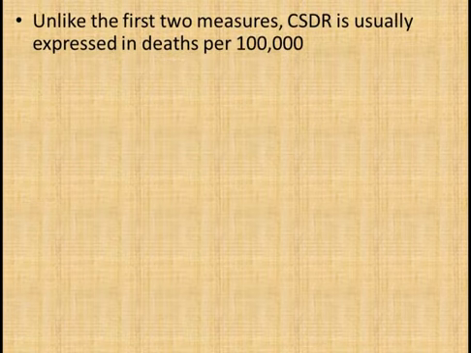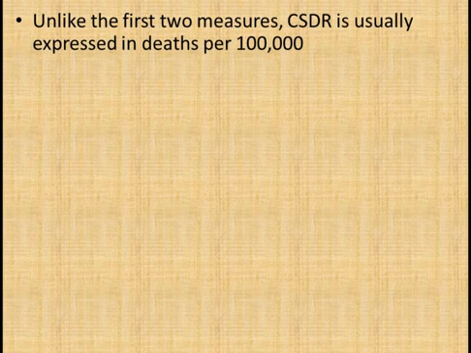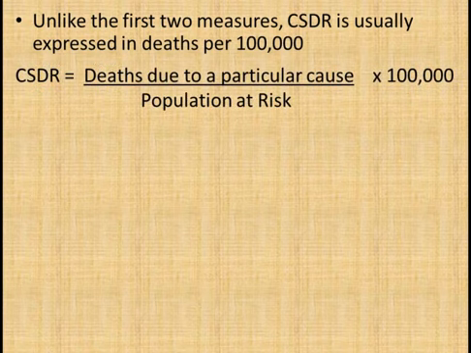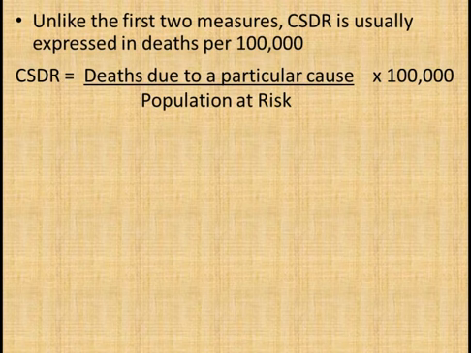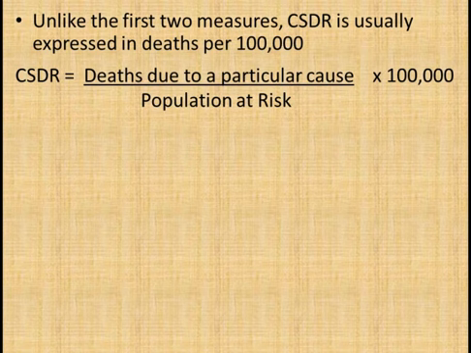And unlike the first two measures, the cause-specific death rate is usually expressed in deaths per 100,000. As a formula, cause-specific death rate is expressed as deaths due to a particular cause divided by the population that is at risk times 100,000.